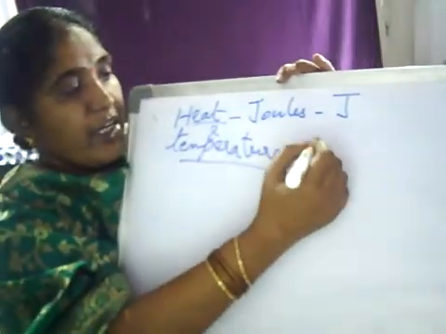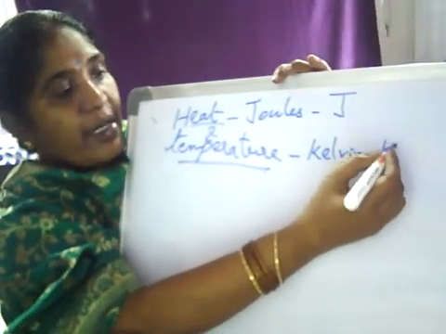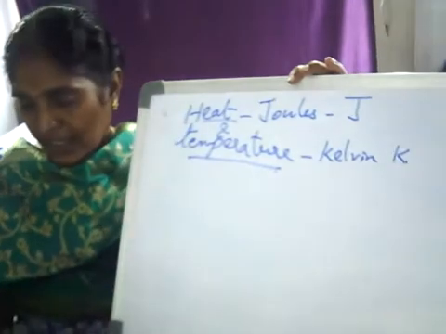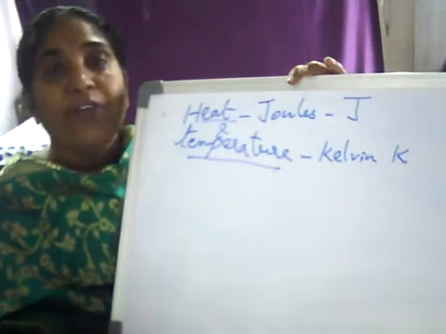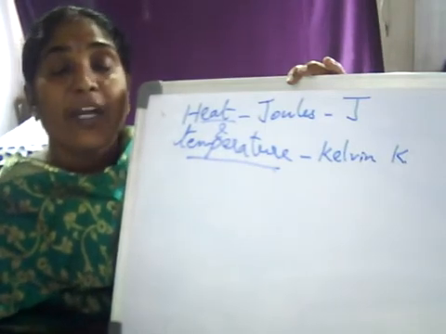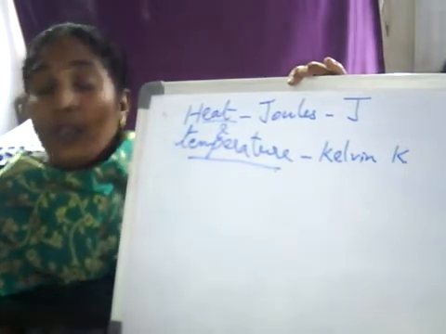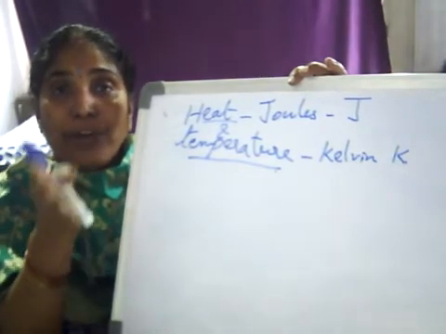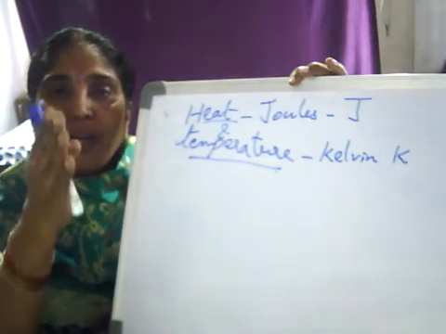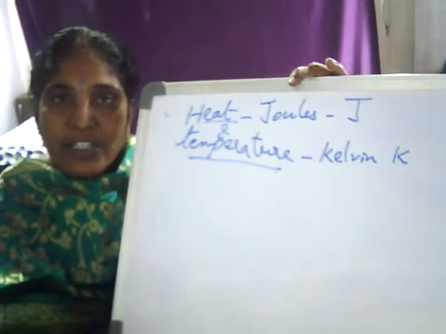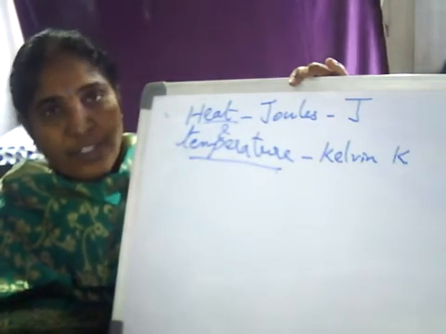It is measured in Kelvin and denoted by K. Right? So, the degree of hotness and coolness of an object is what is called temperature. Whereas heat is the energy transferred from a hot object to a cooler object, and we call that heat energy. So that is the difference between heat and temperature.